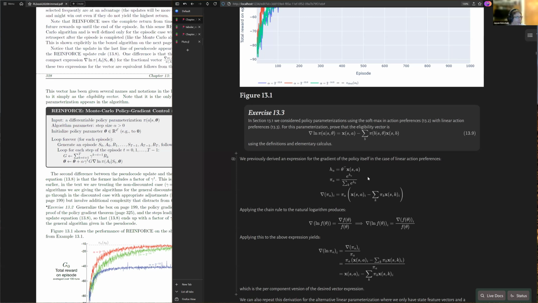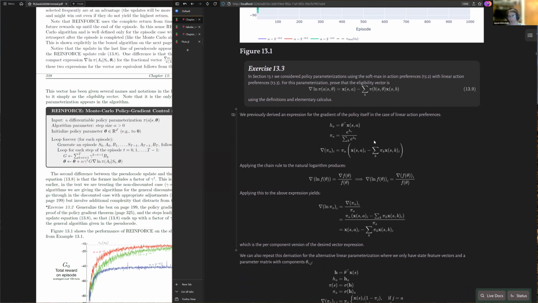Now, we had already derived the expression above. It's what I showed early on for the actual gradient of this linear expression for the policy function. So this was the gradient we had.